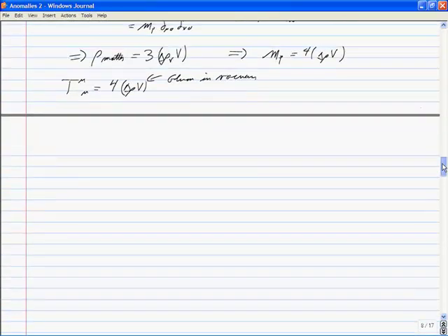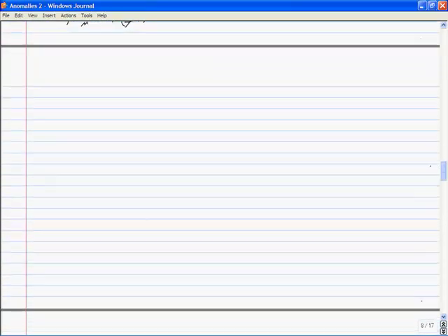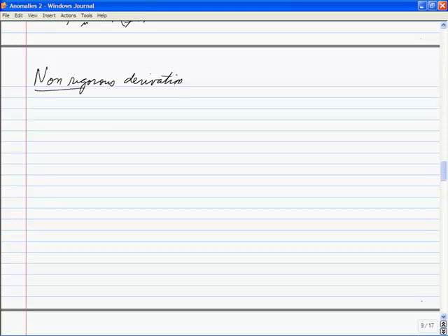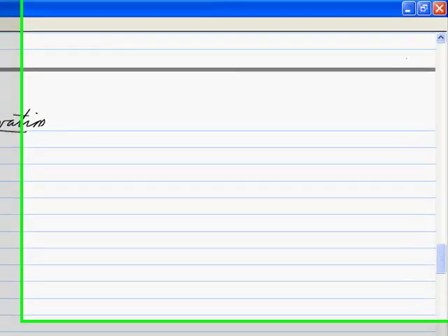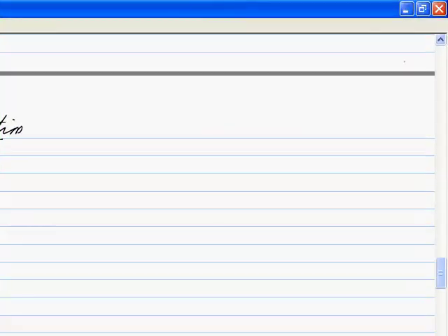I have one more thing to do here on this trace anomaly. I want to do this in a non-rigorous but easy way, but it gives the right answer in one line. It's really easy, so it's worth doing.